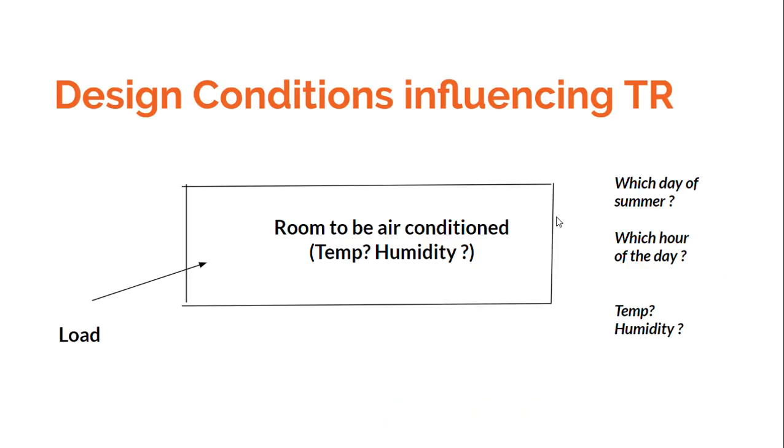So the design conditions which would influence the tonnage would be what temperature and what humidity one has to maintain. So what decides that? So there is a science to it. It is called as a heat balance of an individual.